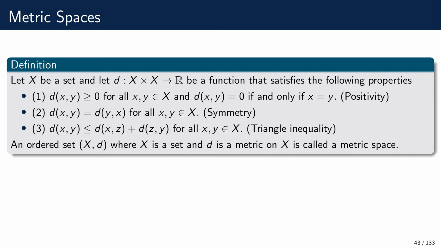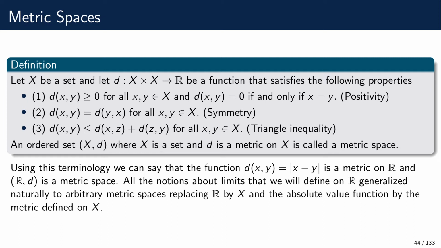So what we have shown so far is that the real line, or the real numbers, together with this distance function, where d(x,y) is the distance between x and y, is a metric space. That's what we have proved. If we define this function, then it satisfies all those three properties, and therefore this function is a metric.